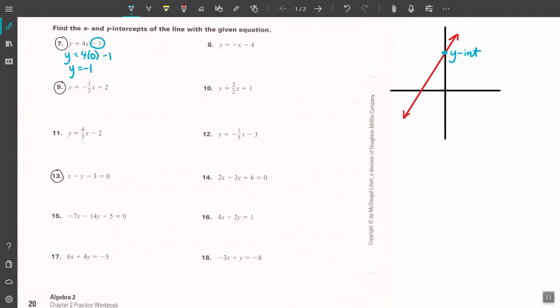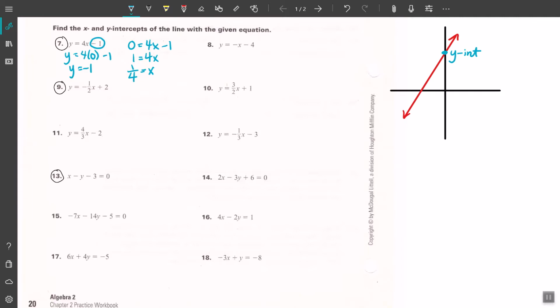If we wanted to find our x-intercept, we would do the same thing, only now we would plug 0 in for y. So I'm going to rewrite this, putting 0 in for y, and solve for my x. Okay, and so there's my x coordinate. It would cross the x-axis at 1/4.